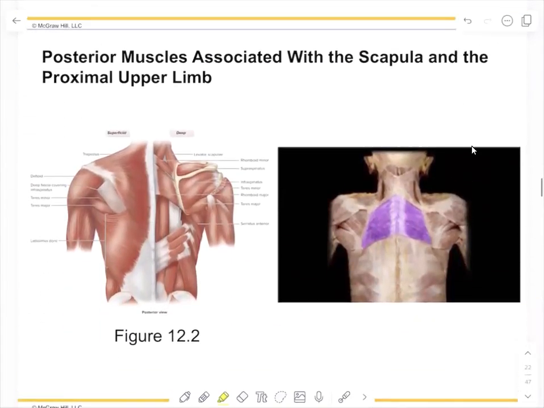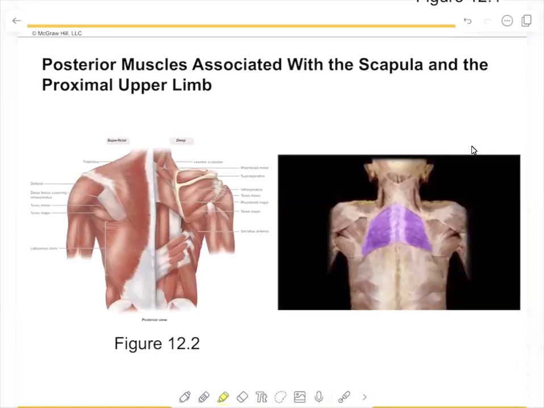And on our next slide, we can see an image on the right of the slide, which is showing the rhomboids. So notice where they are located. And you can also see them on the diagram to the left on the left-hand side of the slide, specifically the rhomboid major. And the shape of it is very unique in how it looks.